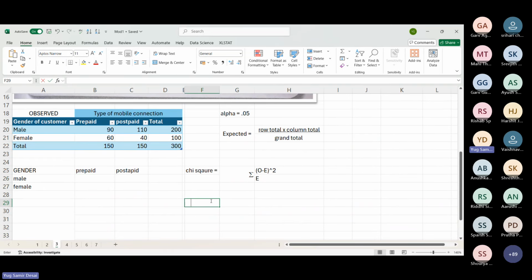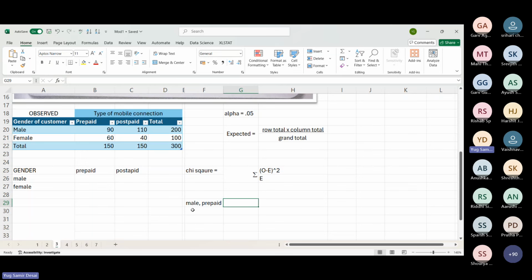So for male prepaid, the formula has been given here. I've put the formula already in the sheet. We multiply the column total with the row total.